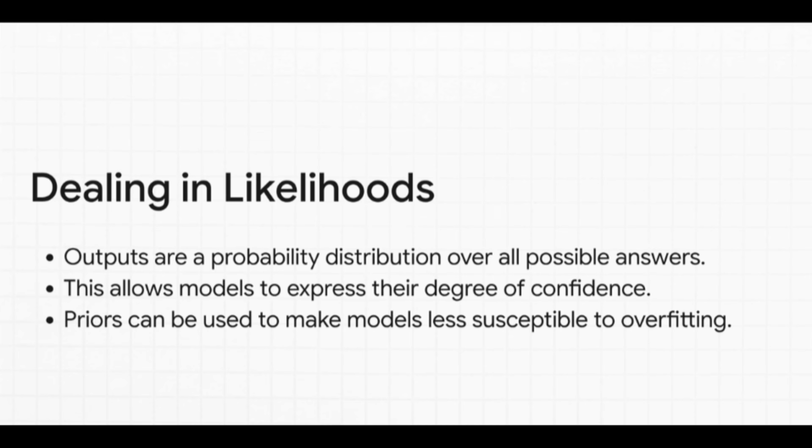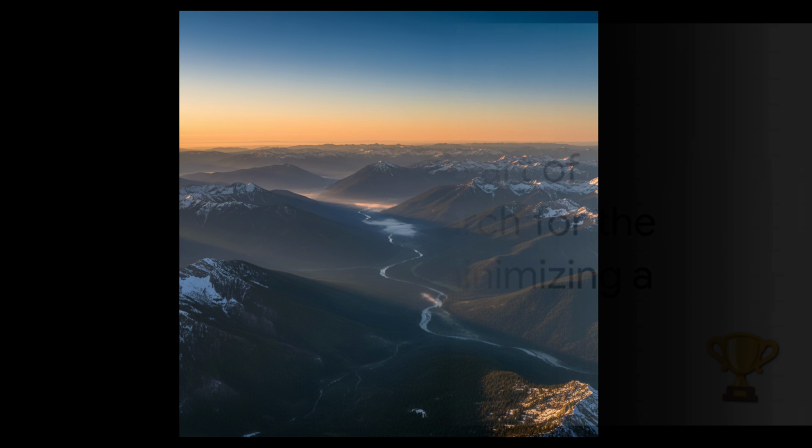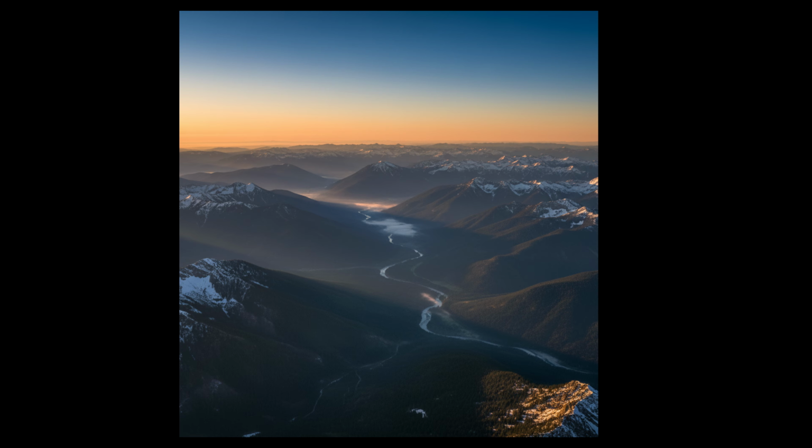And that brings us to the fourth and final idea, the one that ties everything together, which is optimization. This is the art of navigating that massive landscape of possible answers. And so remember that ball rolling down a single hill? Well, in reality, it's not just one hill. It's more like a massive mountain range with endless hills and valleys.